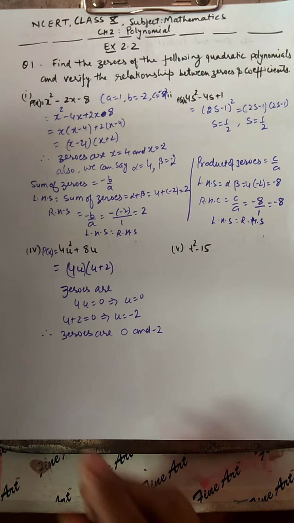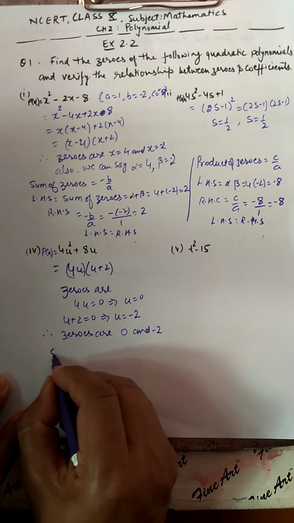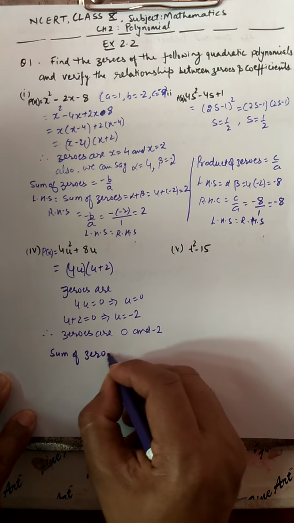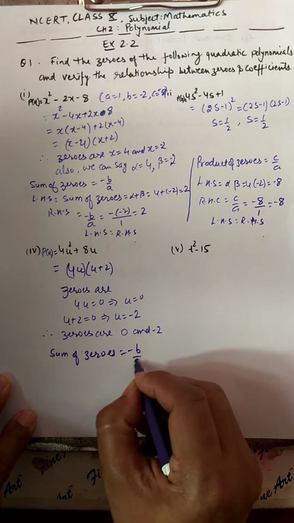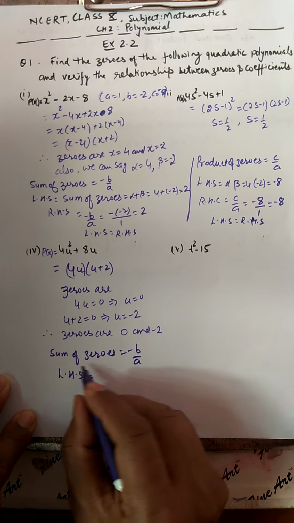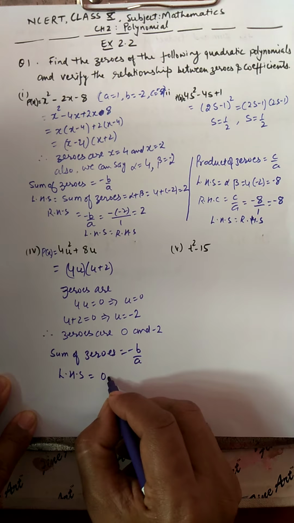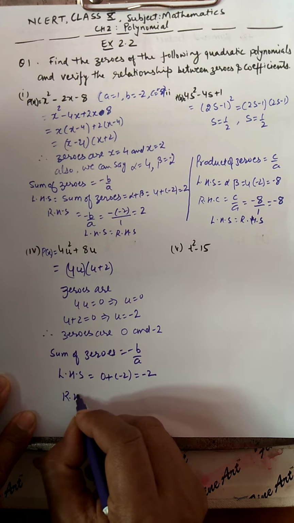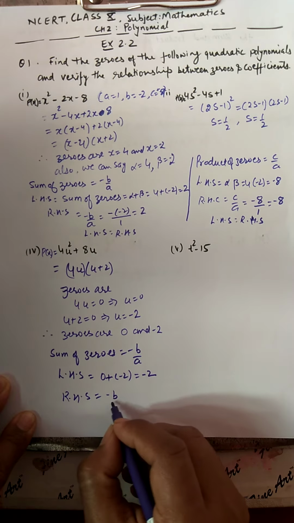Now we'll verify the relationship. Sum of zeros equal to minus b by a. LHS is the sum of zeros, 0 and minus 2, so this will be minus 2. Now RHS, which is minus b by a.